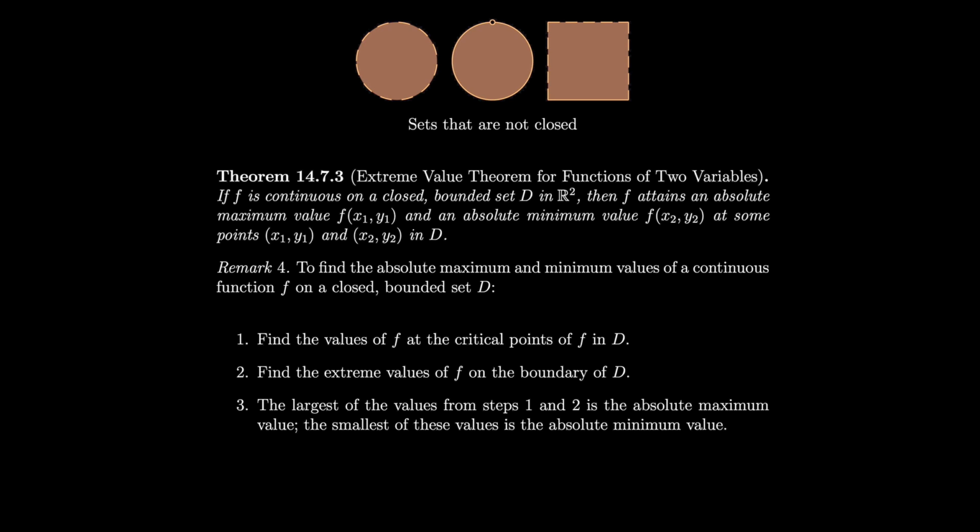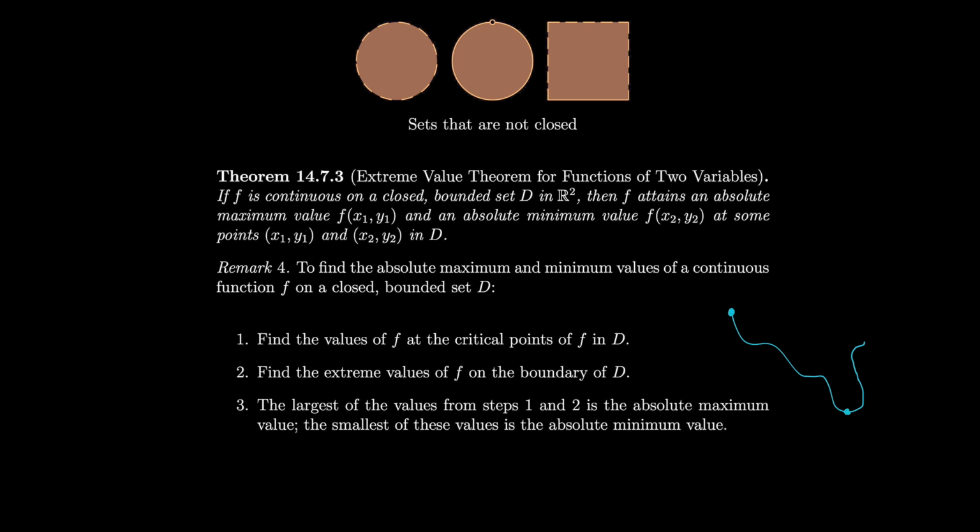Okay, so to find the absolute maximum and absolute minimum values of a continuous function, we need to look at the critical points. We need to look at the extreme values on the boundary, because it could be similar to what we did in single variable calculus. It could be that if we have some crazy function, the maximum is, let's say, at an endpoint, or it could be that the minimum is at an endpoint, or it could be that the minimum is somewhere in the middle, not at an endpoint.